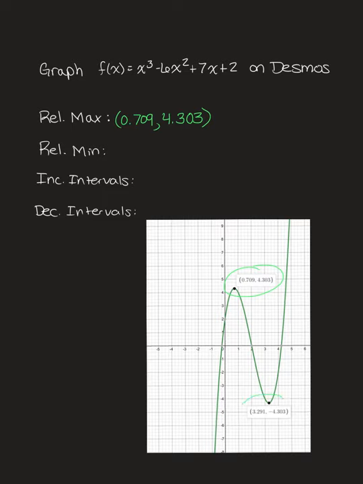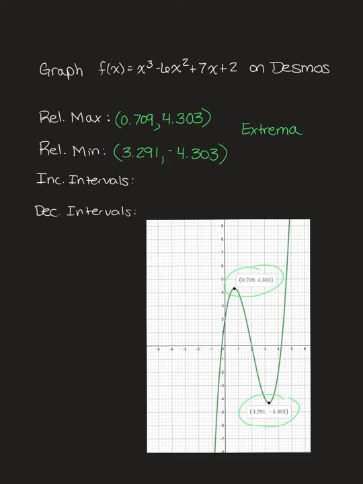Your minimum is going to be down here, so write that coordinate point, 3.291 and negative 4.303. So those are your maxes and mins. We can also call these extrema. It's just another name for relative maxes and mins.